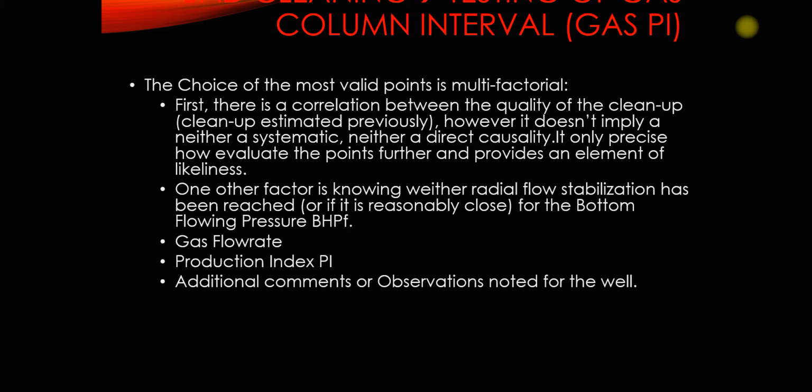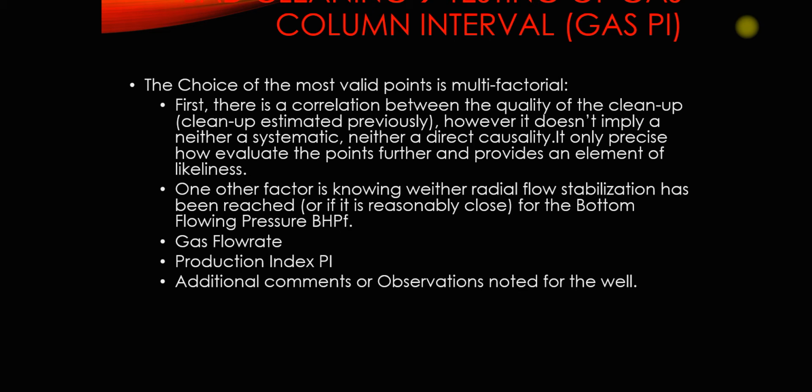So yes, let's go through it quickly. As I said, the choice of most valid point to be exploited for production index is multifactorial. So you have the link with the cleanup, and as I said, the method used is not absolute, it doesn't create a causality, but it creates a high likeliness.